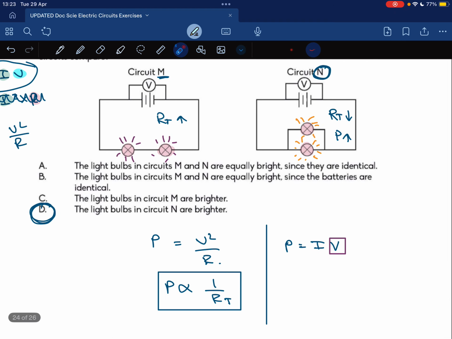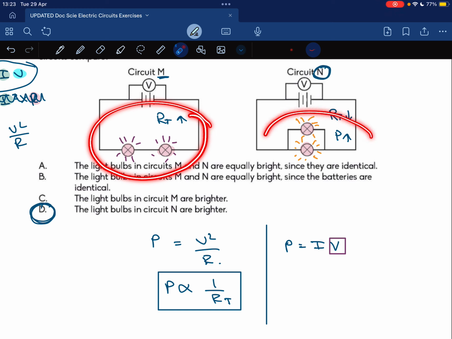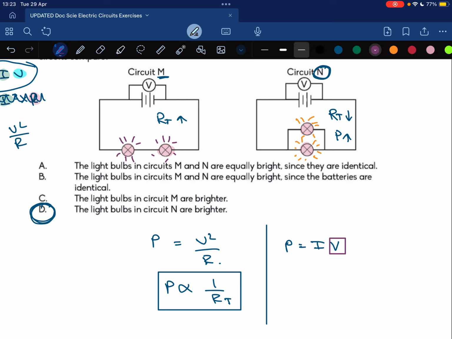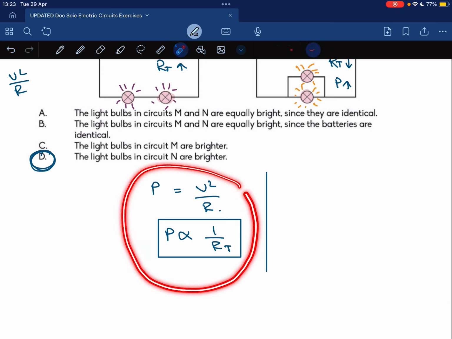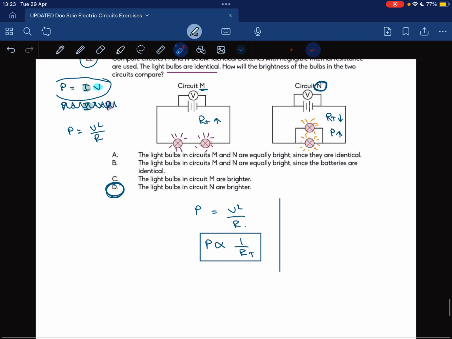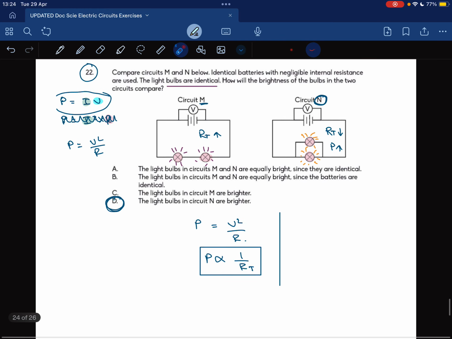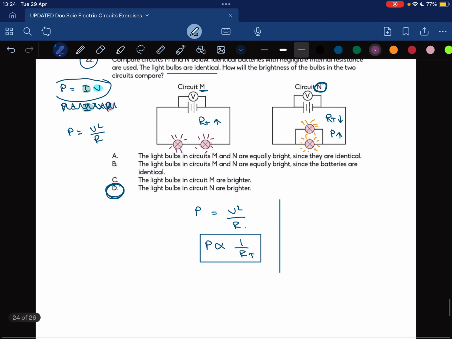Remember, we are trying to compare the brightness of each part. So what is changing is the resistance, and the resistance is what is going to change the current. So we can't look at P is equal to IV because there's too many changes within the current. So the easiest way is to compare these ones again, like we have been comparing in the previous questions. Okay, so just take note of this because this is also another popular exam type question.